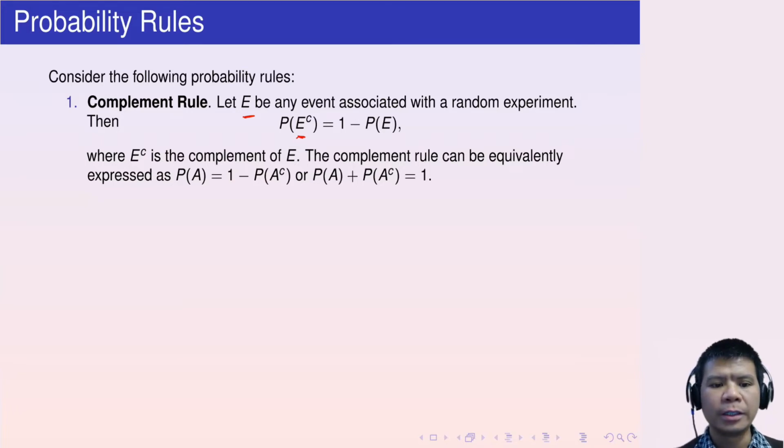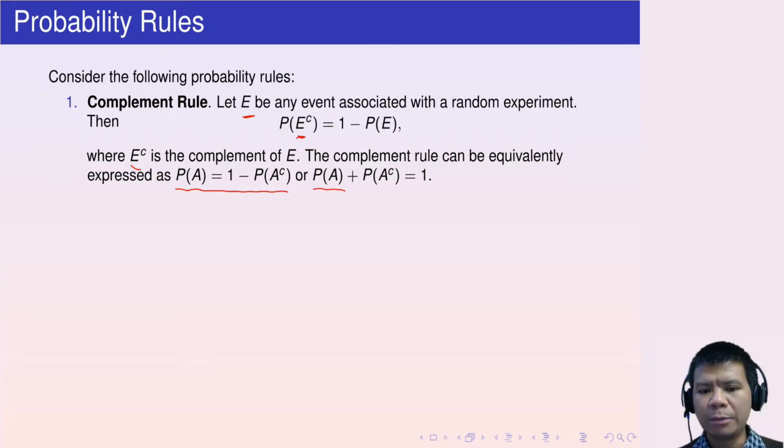Here E complement is the complement of E. This rule can be equivalently expressed as the probability of this event plus the probability of the complement of this event equals 1.